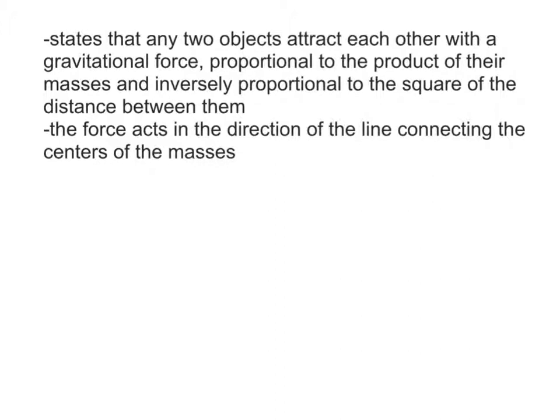So what that's telling us is that any two objects, so let's say you've got an object here and an object over here, the force is going to act in the direction of the line connecting the centers of the masses. So assume there's an invisible line here. I know that's not very great.